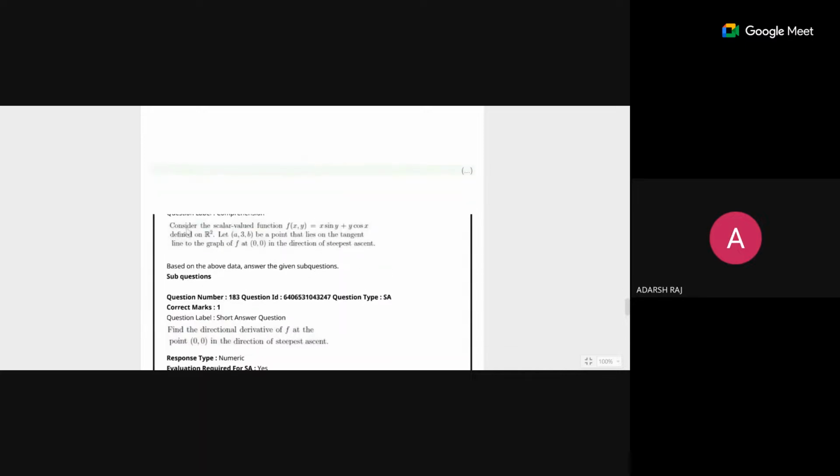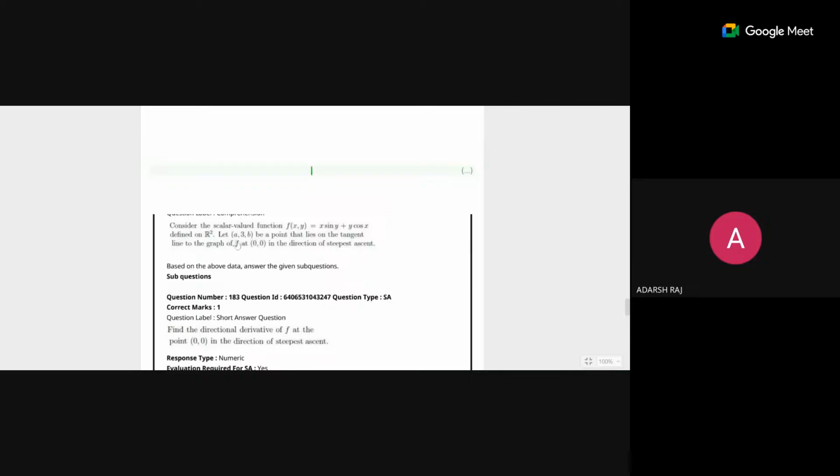So consider the scalar valued function f of x comma y is equal to x sin y plus y cos x, defined on R2. Since the domain of this function is R2, let a comma 3 comma b be a point that lies on the tangent line to the graph at 0 comma 0 in the direction of steepest ascent.